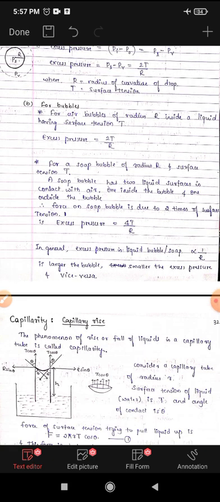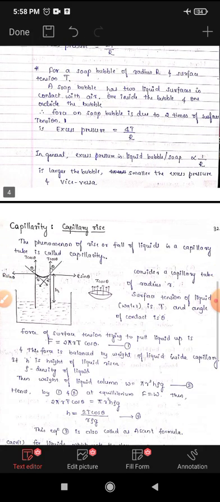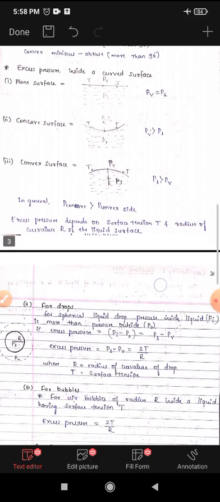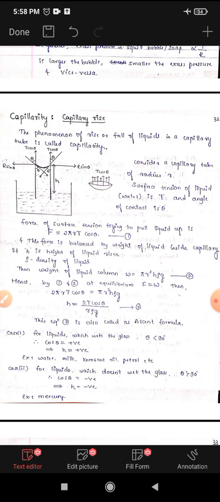As the radius of the bubble increases, the excess pressure decreases, or vice versa. And this is about the excess pressure inside curved surfaces, in the case of drops and bubbles.